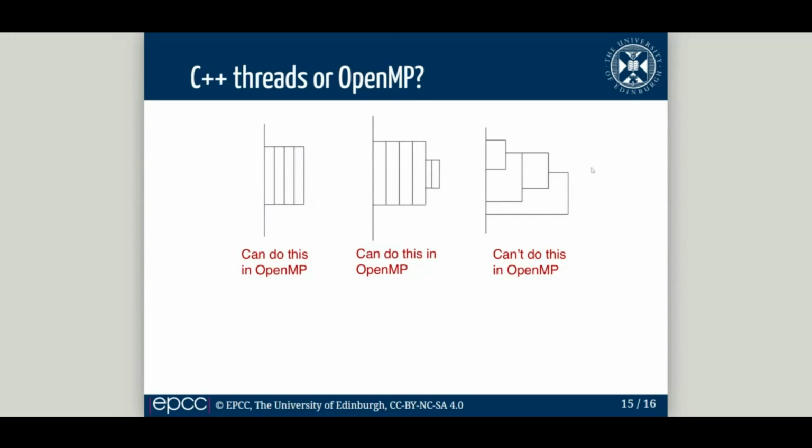But there could be cases, normally with search algorithms, where the algorithm is irregular. That means you don't know beforehand the workload of a region.